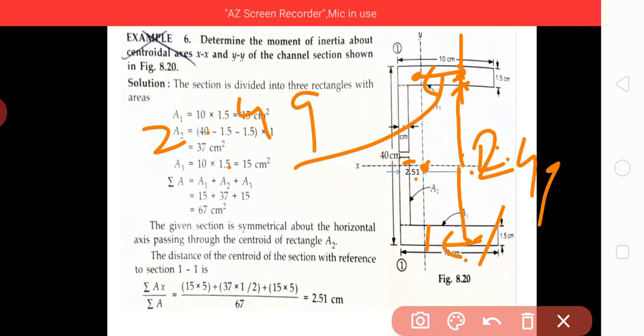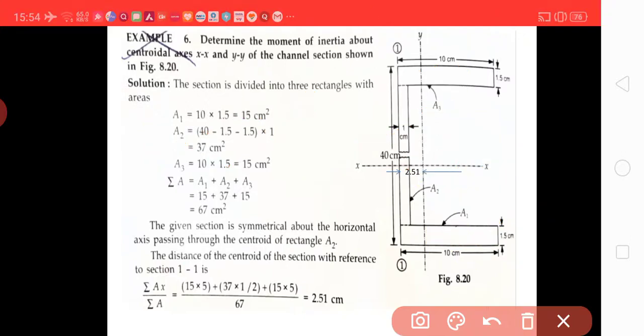And for this, that is 0.5, it is 1 centimeter, it is just 2.51 minus 0.5, so it is 2.01.